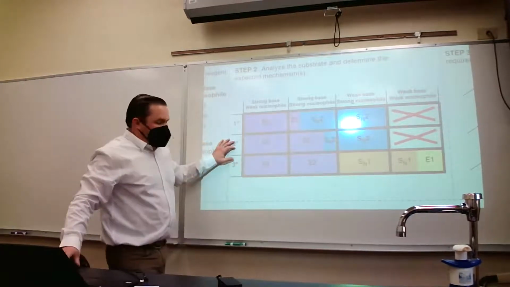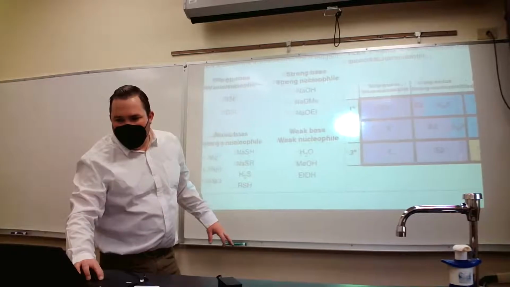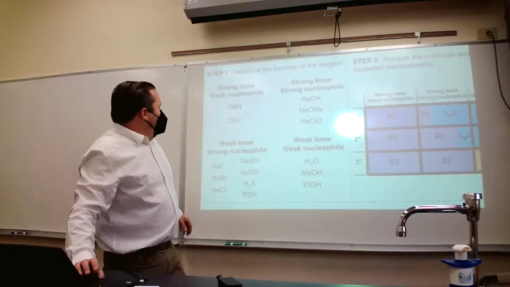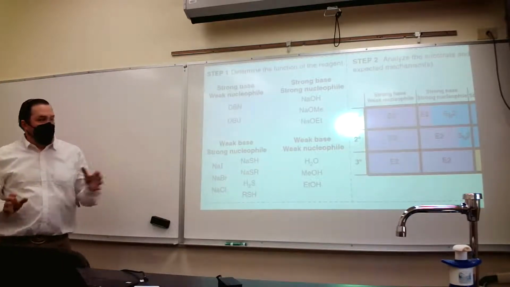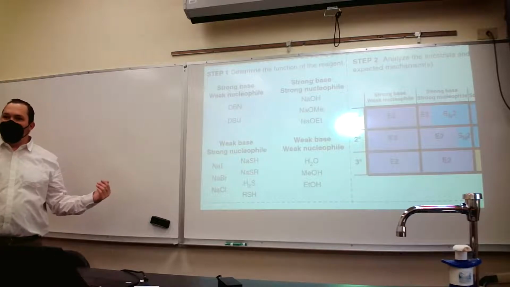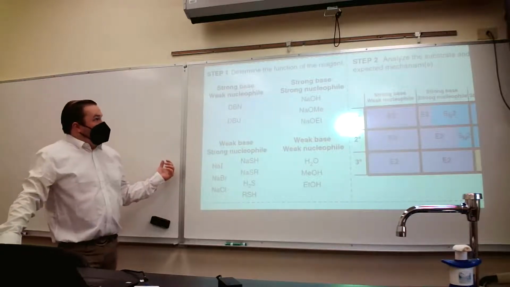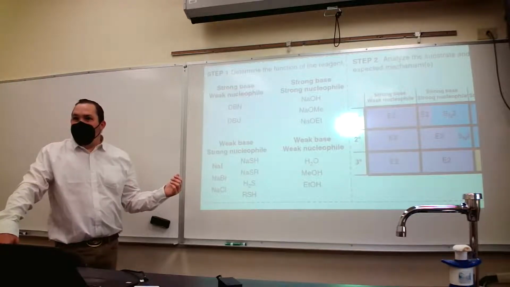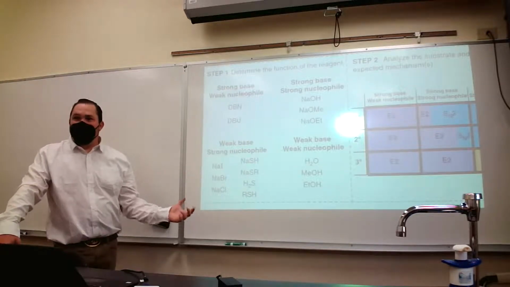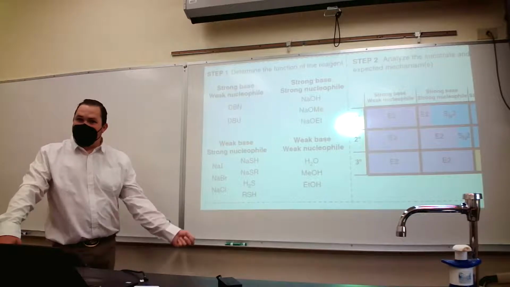This is a pretty useful list because these are some of the most common nucleophiles and bases, and it breaks them down as whether we treat them as a base or a nucleophile, which again, like I mentioned earlier, tells us whether we're looking at elimination versus substitution.